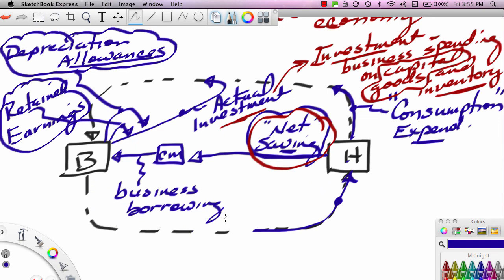So, say Kellogg's, we're talking about the Kellogg Company. Kellogg's pays dividends every quarter, which means it takes some of its profits and distributes those profits to anyone who owns a share of stock in the Kellogg Company, any owner. So some profits are distributed as dividends, but some profits are actually retained.